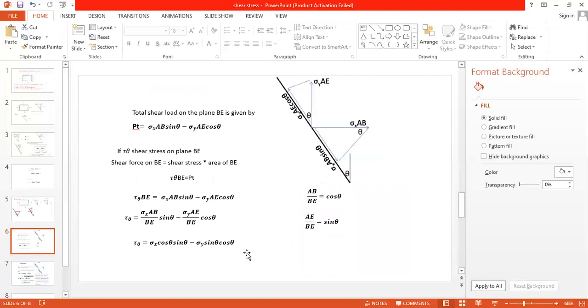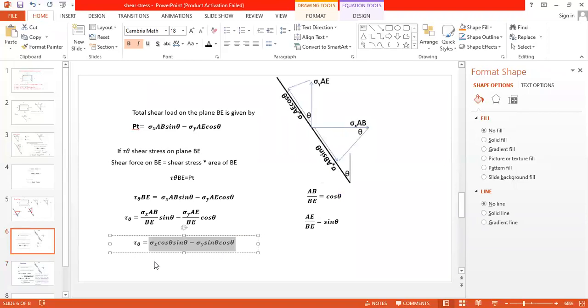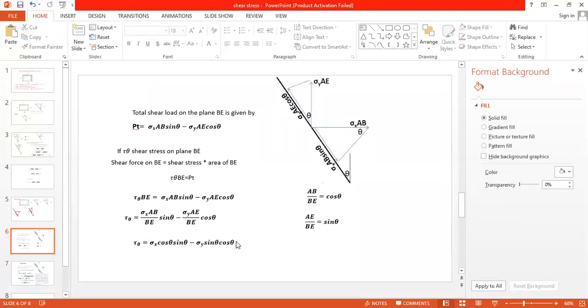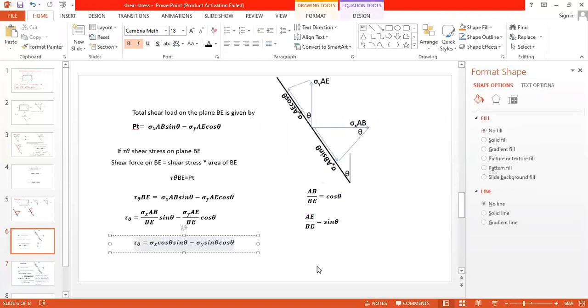Now how does this equation become? Here, I will write in front of this equal to sigma x plus sigma y, and it is in bracket.